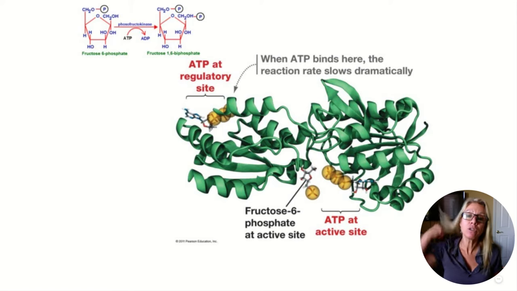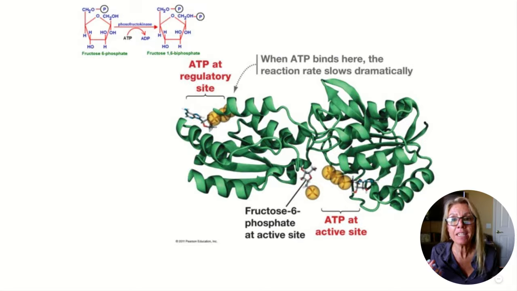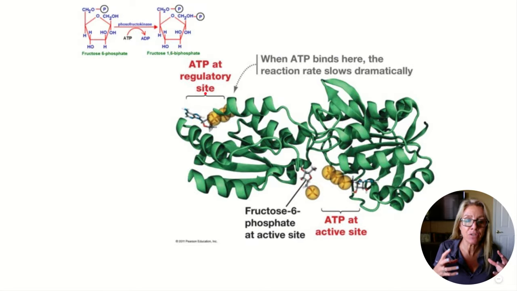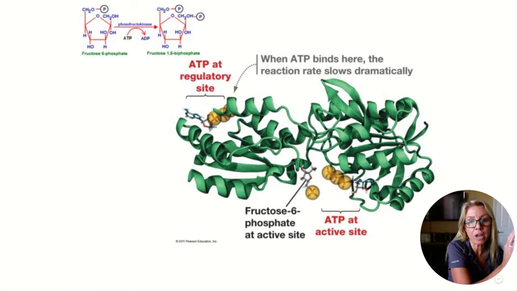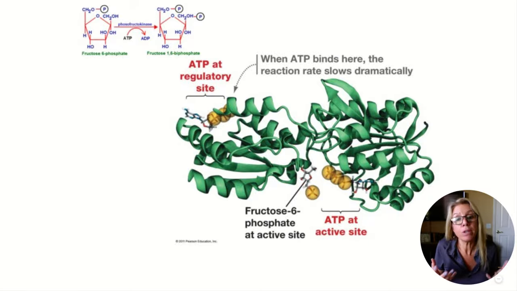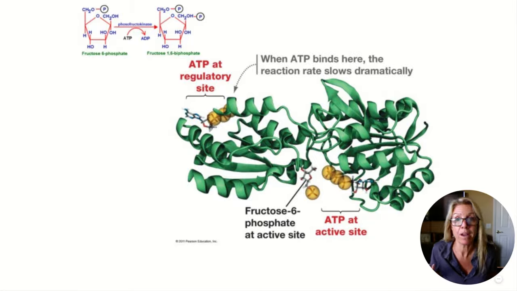So in cellular respiration, our whole point is to generate a lot of ATP. And so when you have enough ATP, when ATP binds here, it deactivates this enzyme, so you can't do one of your steps in glycolysis. But that's okay, we don't need to because we have plenty of ATP. So now we don't need to oxidize that glucose. What will we do with that excess glucose?